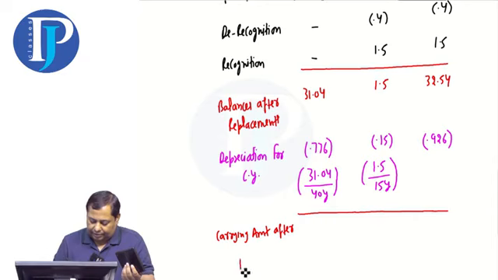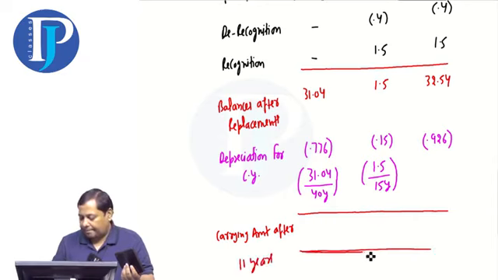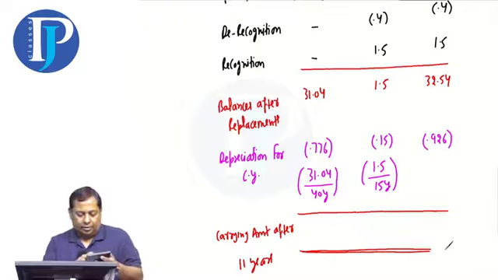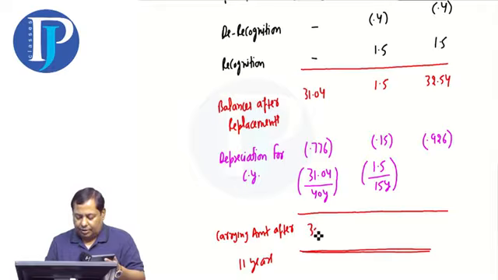No, after 11 years. We have completed accounting for the 11th year. Okay? This will be 30.264. Let me check it once again. It's fine.